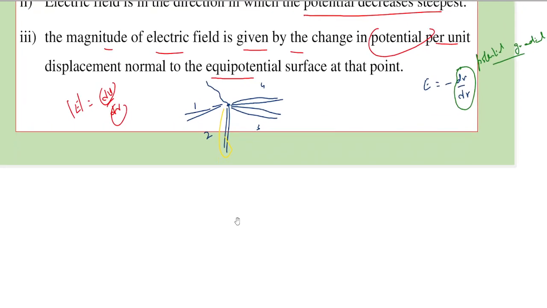Now think of a case where the field is uniform, like this, and you have two surfaces. Suppose the distance between them is d and the difference in potential between them is V. In that case we can say E is equal to V by d.